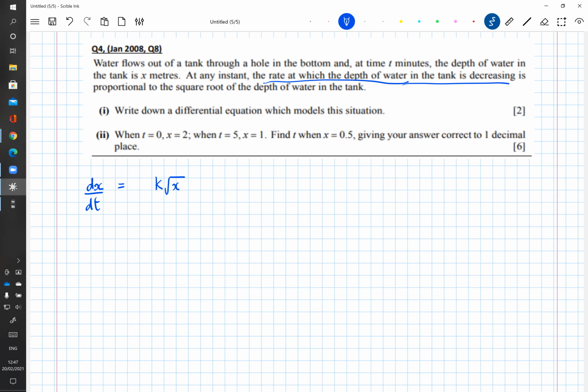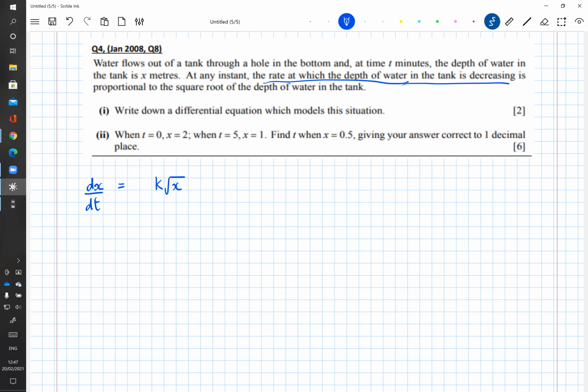So my answer there is 100% correct. How could I improve it, though, to make it better presented? What would illustrate the information that I've underlined slightly better? Yeah, decreasing. So emphasize that the constant's negative. Truth be told, if I'd left it as k, I'd still be right.